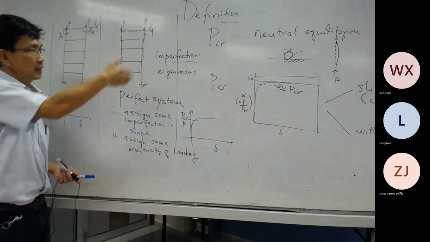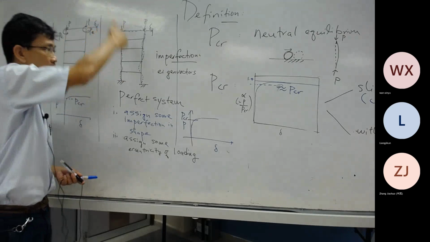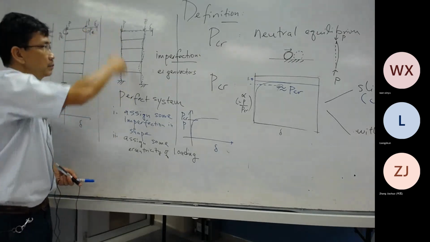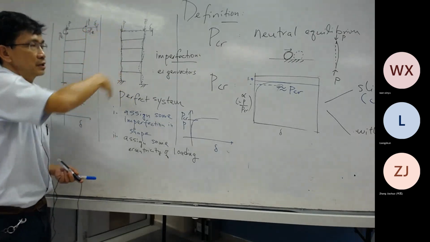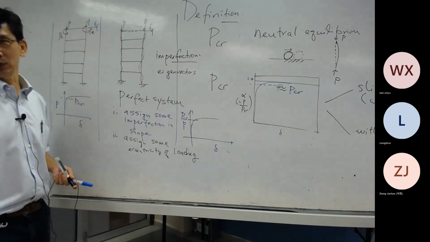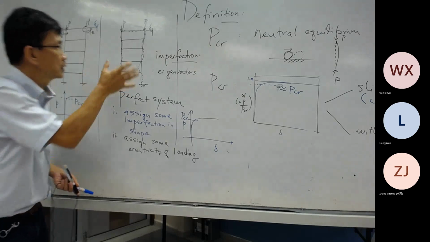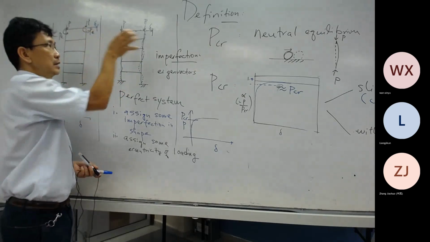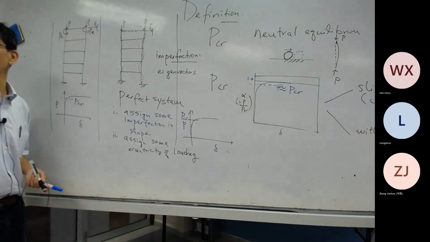We can do analysis and get the possible buckling modes of these structures, and then we have to make a choice of the possible buckling mode. Then we use that as the imperfection.